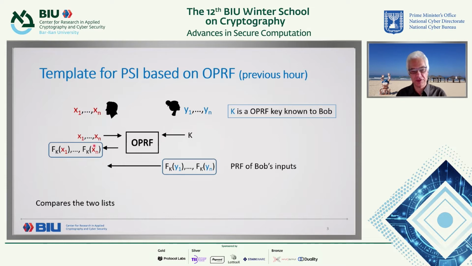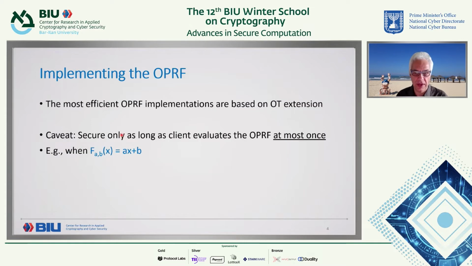Now, for this to be efficient, we want the OPRF to be the most efficient. So we want to use a pseudo-random function which is the most efficient to implement. And apparently the most efficient OPRF constructions are based on OT extension, or these days on VOLE.